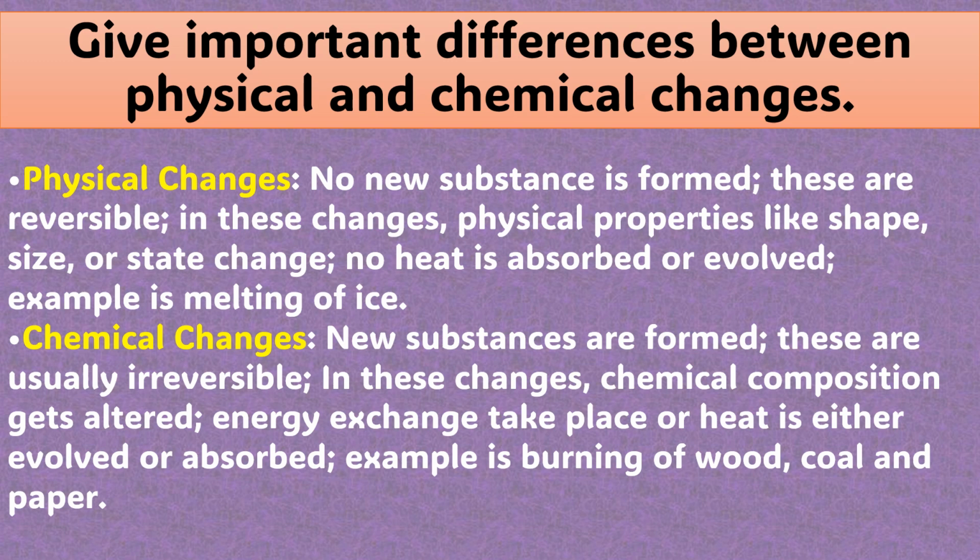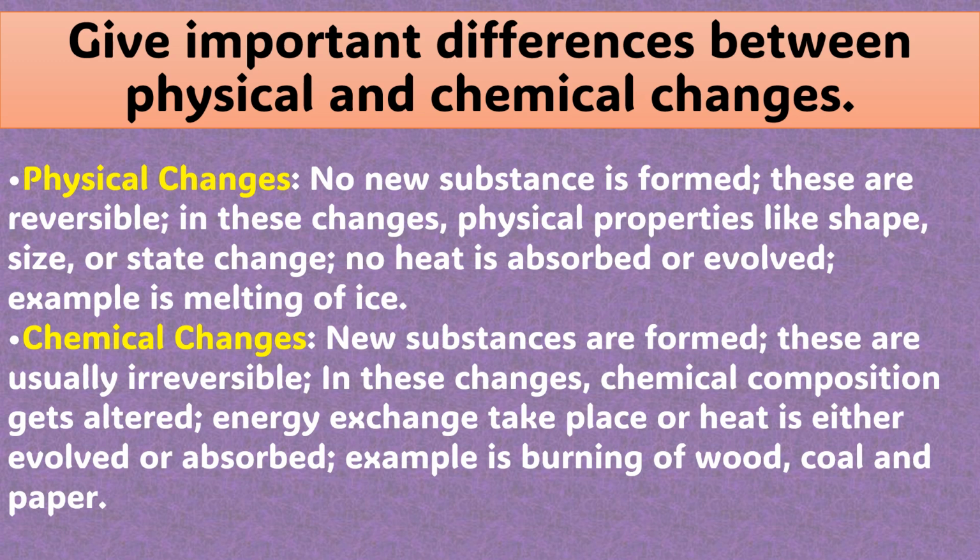Question number 27. Give important differences between physical and chemical changes. Answer. Physical changes: no new substance is formed. These are reversible. In these changes, physical properties like shape, size, or state change.